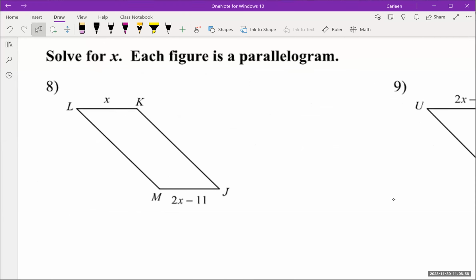How many axes of symmetry? Ignore this. One, two, three, four, five, six, seven... 11 axes. Yes, 100%.